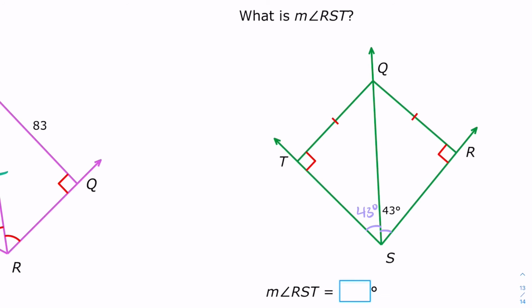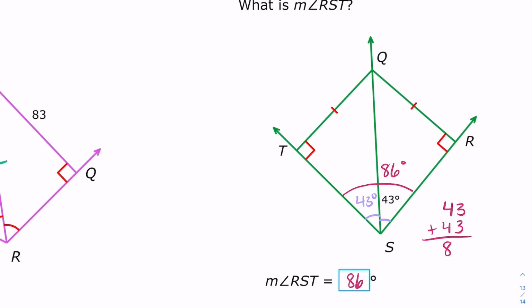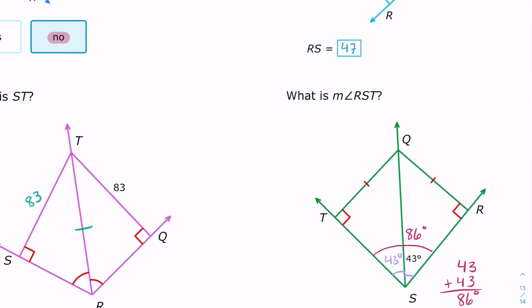So we have 43, 43, but it's asking for RST, which is the whole thing. So RST is 86 degrees because you add them together. So 86 degrees. All right, 86 degrees. Okay, good.